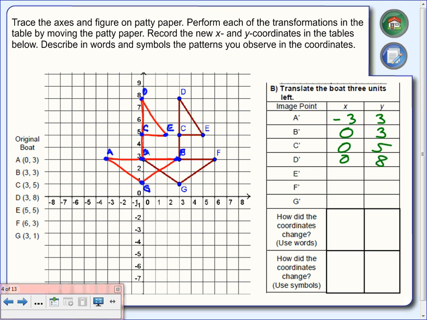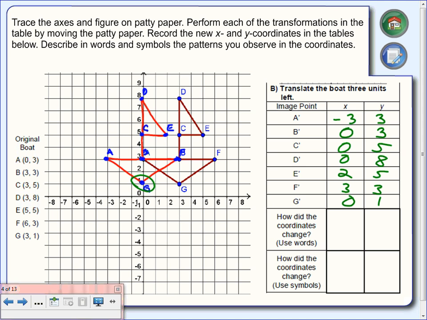E is now at 2, 5. F, 3, 3. And finally, G is now at 0, 1. Here's a 0, 1, isn't it? We're looking at G right there.